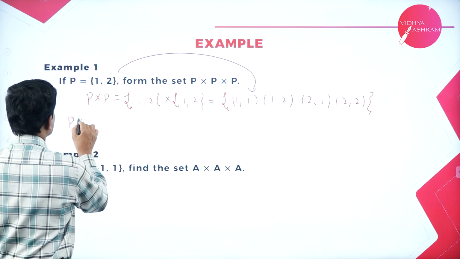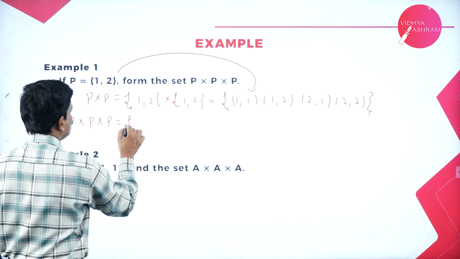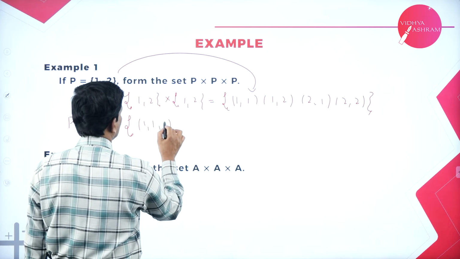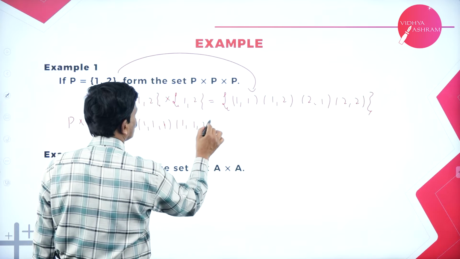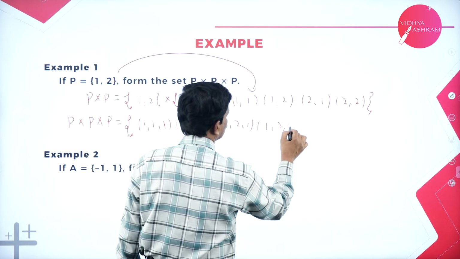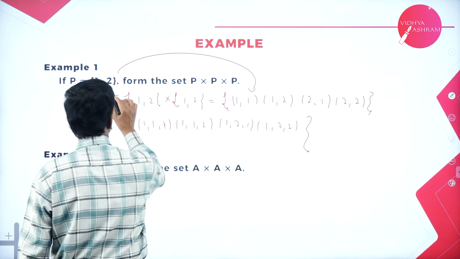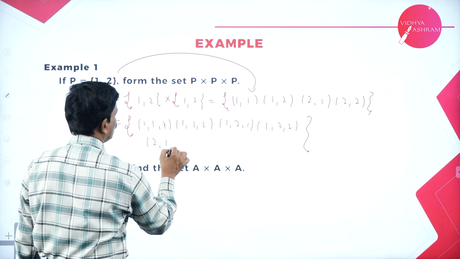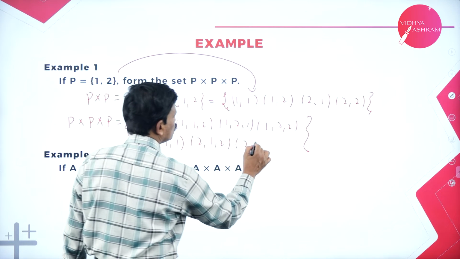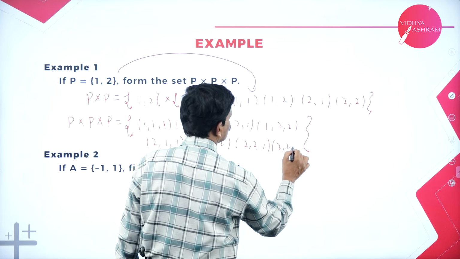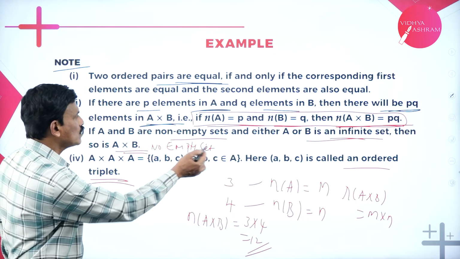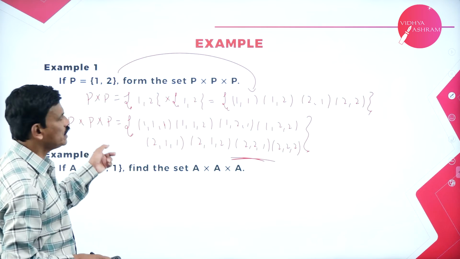Now, write down the ordered triplets P cross P cross P. Again with this, (1, 1, 1), (1, 1, 2), (1, 2, 1) and (1, 2, 2). Similarly, take the second element, that is 2: (2, 1, 1), (2, 1, 2), (2, 2, 1) and (2, 2, 2). These are the ordered triplets of P cross P cross P.